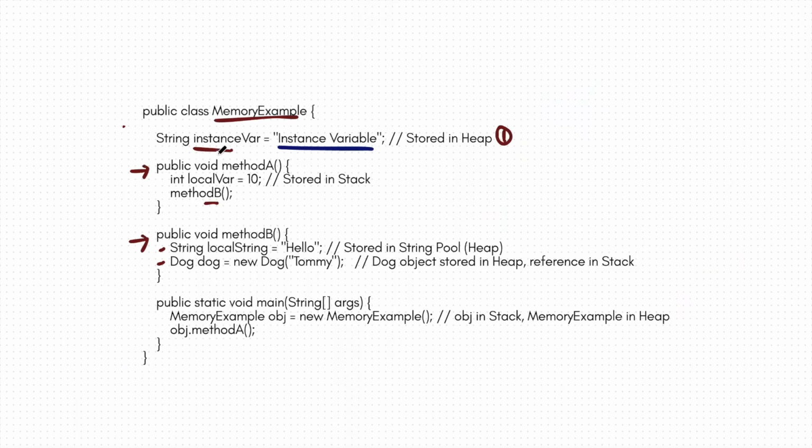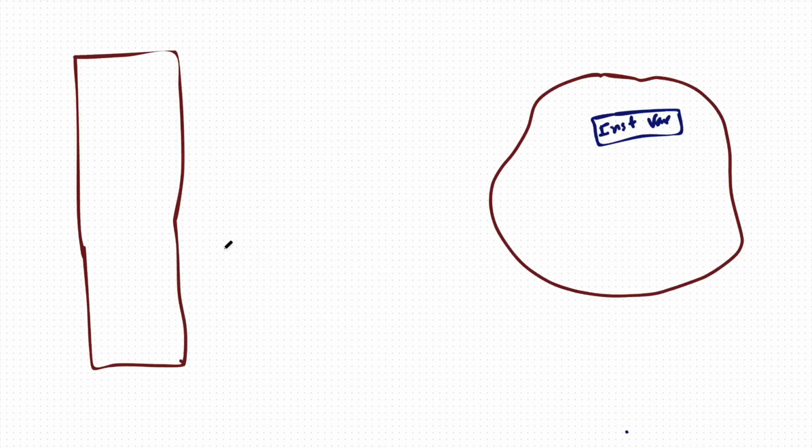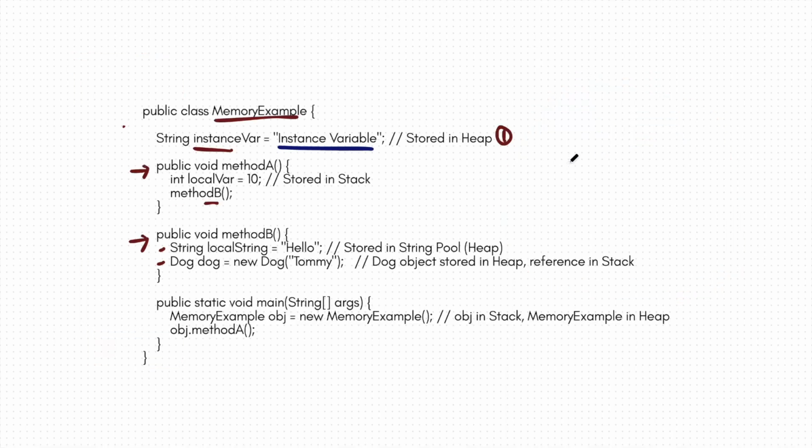This instance variable is pointing towards the heap. So we have a string which is getting pointed to by this instance variable, right?